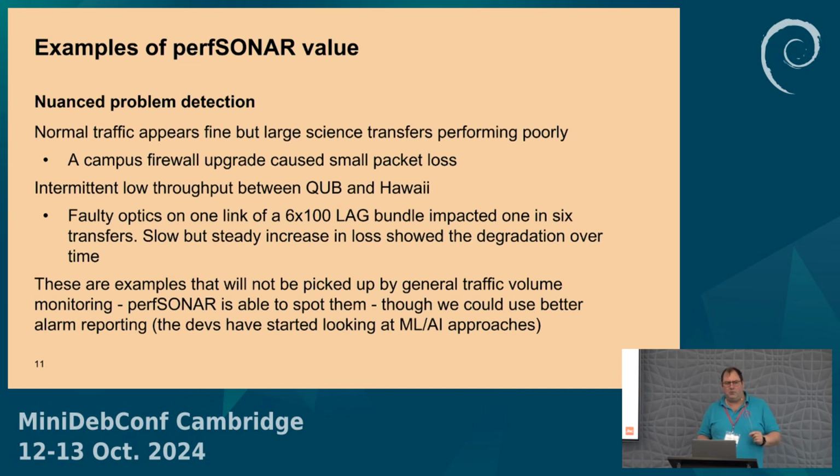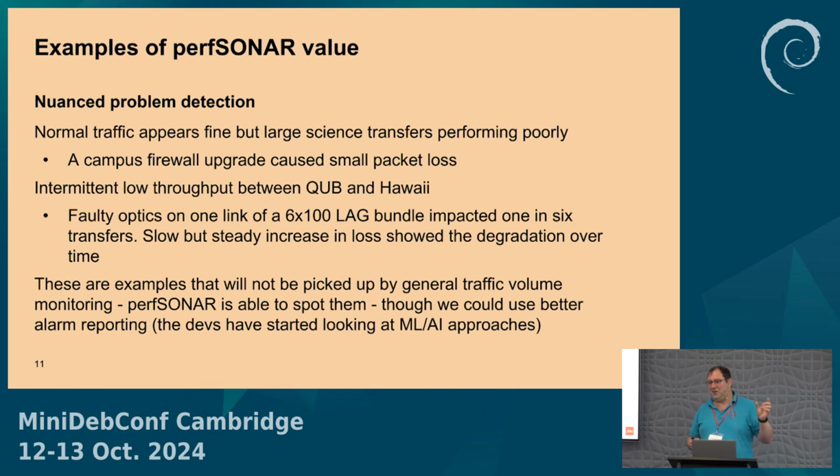But a much more difficult to trace example we had some time ago was data transfers from the US to Queen's University Belfast. They were having issues, and perfSONAR identified that sometimes the performance was pretty good, and sometimes it was abysmal.